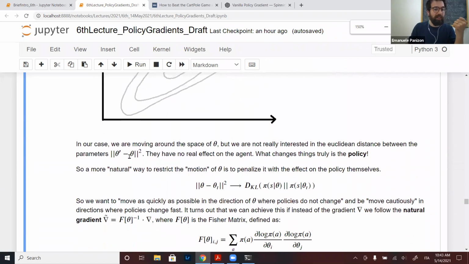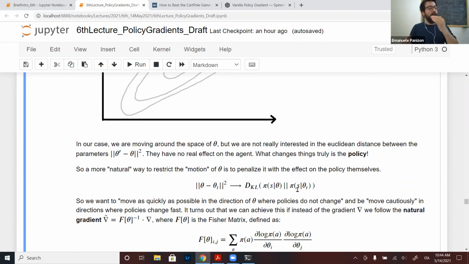So this means that instead of paying a price proportional to the distance in the parameter space theta, which I don't care about, I want to pay a price which corresponds to the distance in policy space.